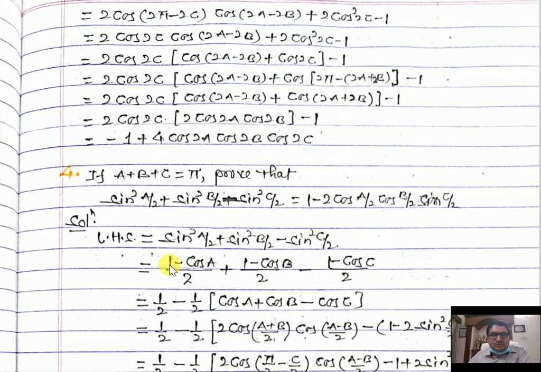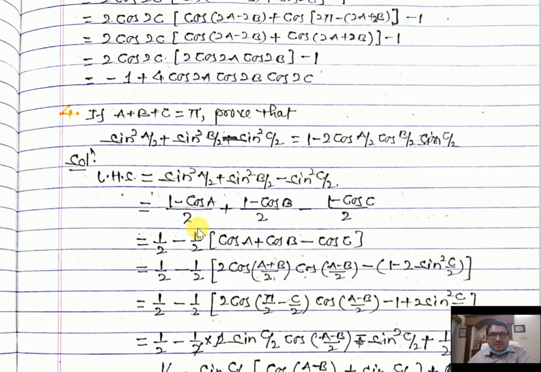So instead of sin square a by 2, 1 minus cos a upon 2, sin square b by 2, 1 minus cos b upon 2, sin square c by 2, 1 minus cos c upon 2, and then half. See, you can see half, 1 half and minus half. So half plus half, 1 minus half, and then the 1 by 2 is the coefficient of cos a, cos b and cos c. So take minus common, so cos a plus cos b minus cos c.